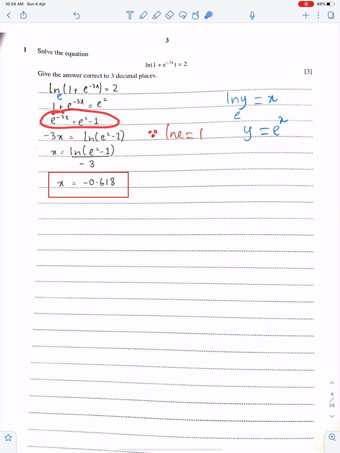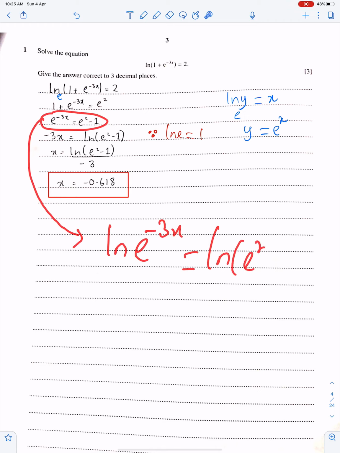And then take ln on both sides. When you take ln on both sides of this equation, you will get this thing. And you know, according to the power law, this will become minus 3x ln e, and ln e is 1.